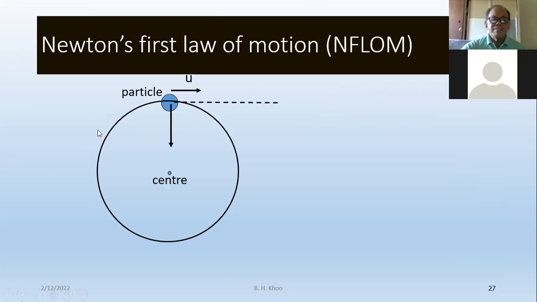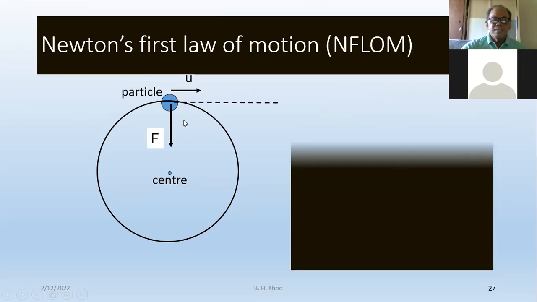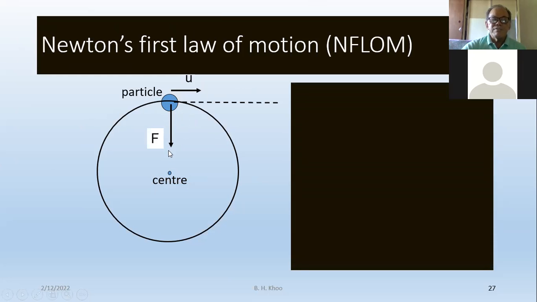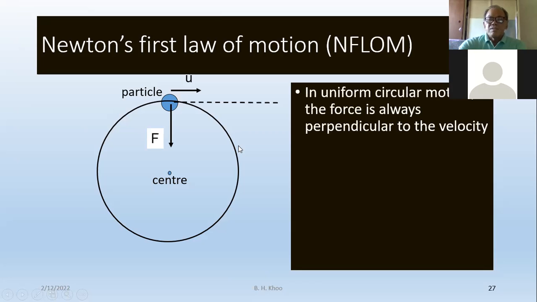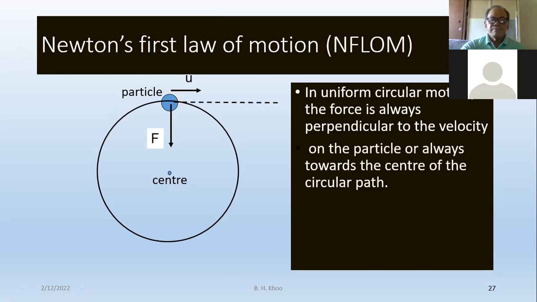So same in the circle. It's moving at a tangent to the circle. There's the center of the circle. There's a force acting. There must be a resultant force acting towards the center. So in uniform circular motion, the force is always perpendicular to velocity on the particle, or always towards the center.